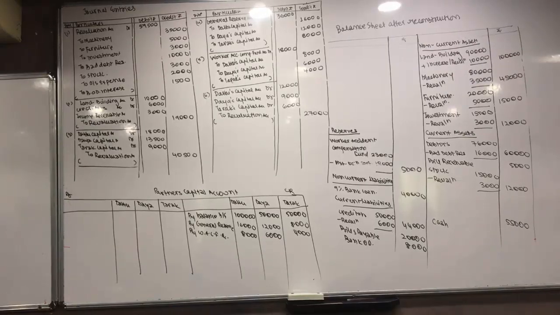Being profit and loss debit balance distributed between partners in old ratio.